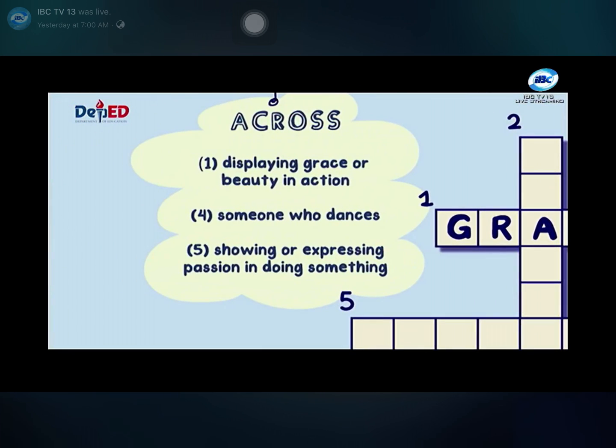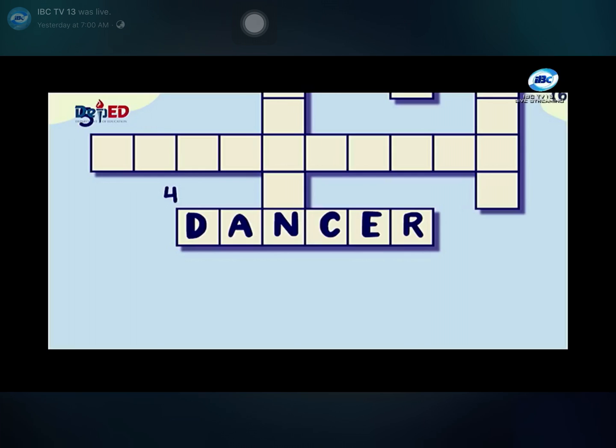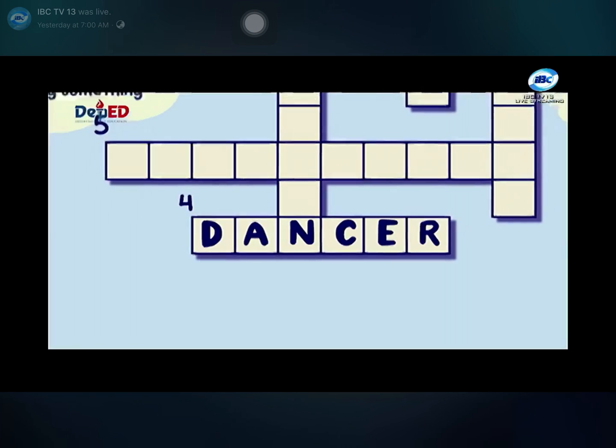For number 4, it means someone who dances. Are you thinking of the word dancer? You're right, it really is dancer.